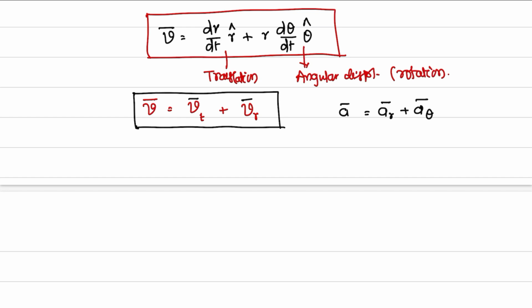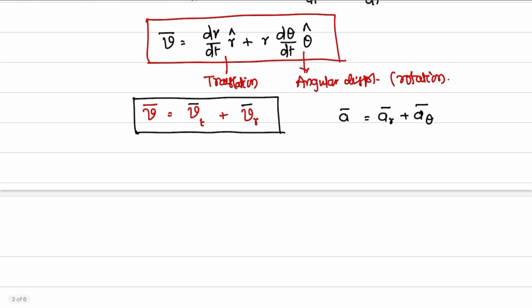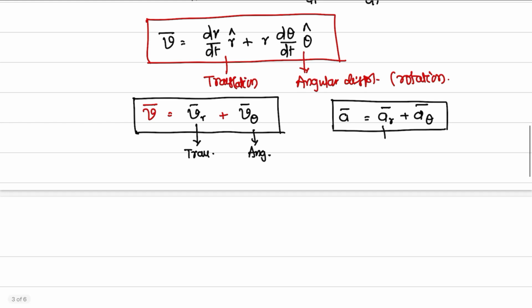We will maintain a similarity in both the notations. This we will call B r, because of r, that is translation, and B theta because of theta, that is angular. Similarly for the acceleration also, this is due to translation and this is due to angular displacement.